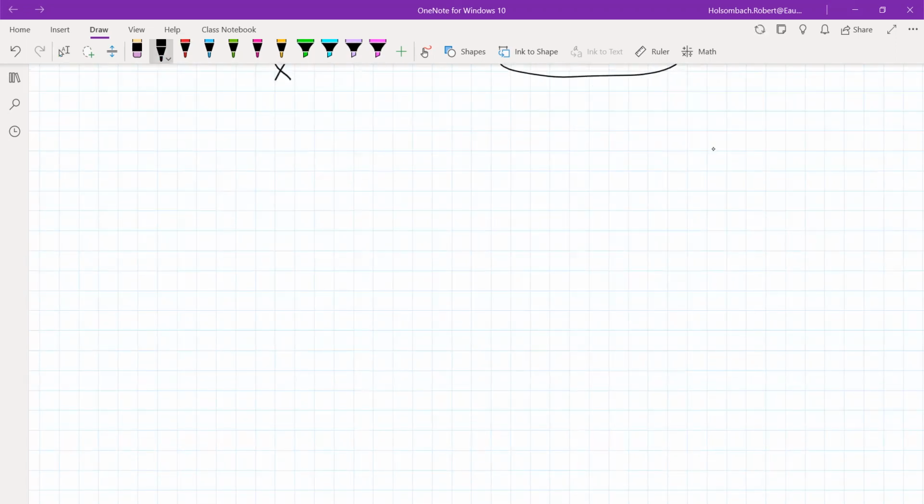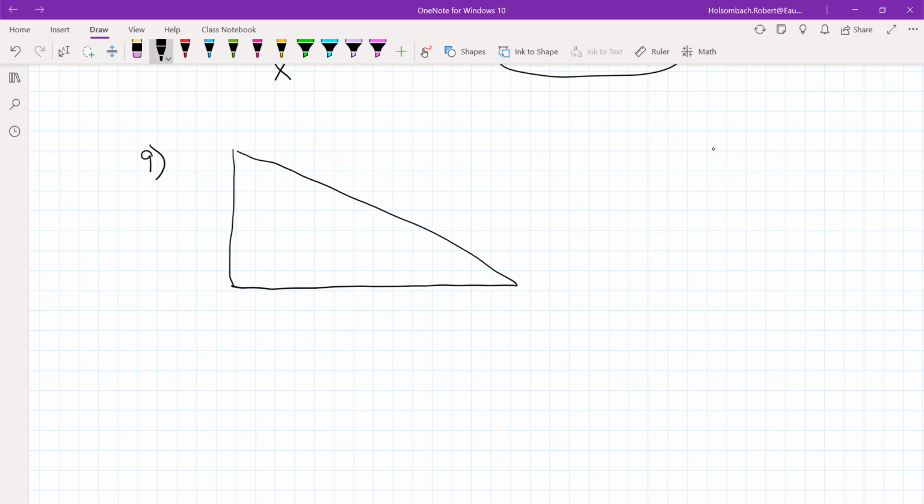Number 9. Interior angle of 32 degrees. Hypotenuse X. Adjacent side 10. Adjacent and hypotenuse again. So cosine 32 equals the adjacent side over the hypotenuse.